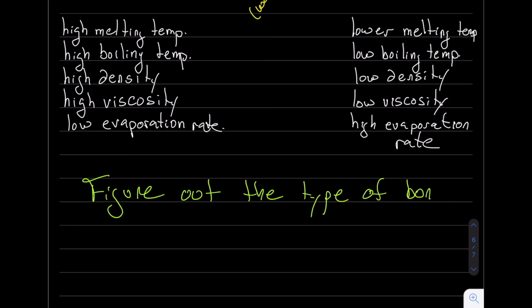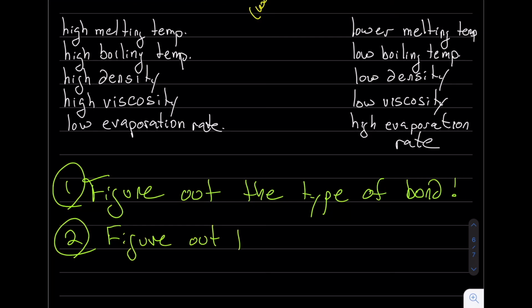That's the very first thing you have to do. Okay? And then next is figure out the type of IMF. And then from there, you'll be able to tell which has got a higher or lower melting point or boiling point.